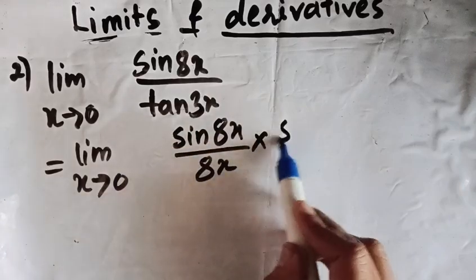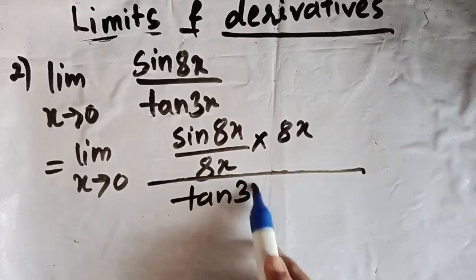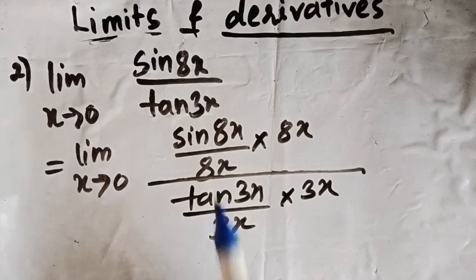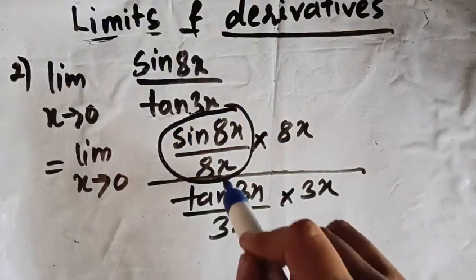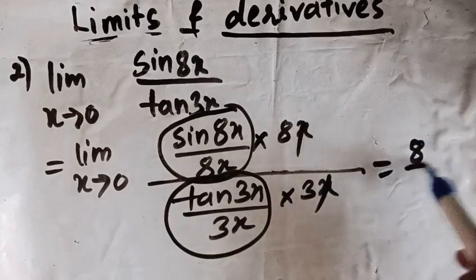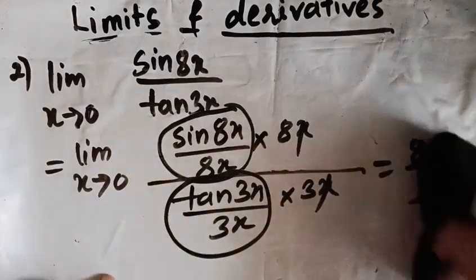Sine 8x upon 8x into 8x, and this is tan 3x upon 3x into 3x. So that this becomes 1 and this also becomes 1. x gets cancelled and you will get 8 by 3.